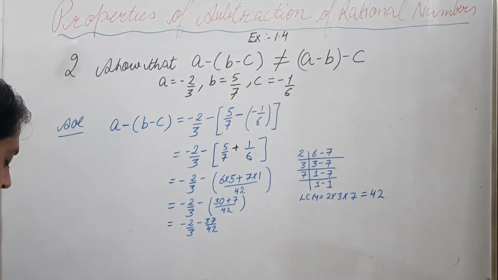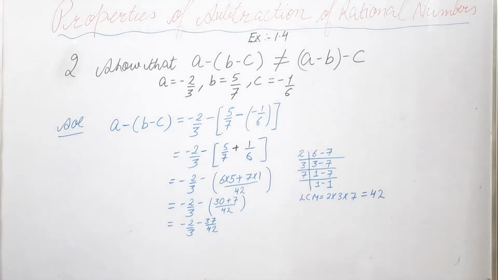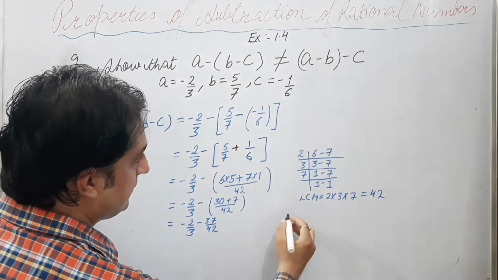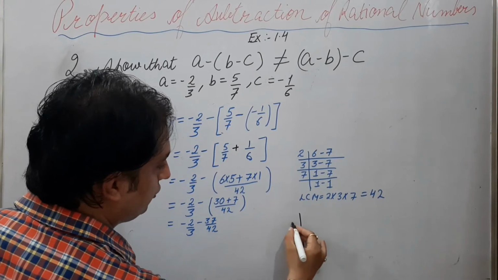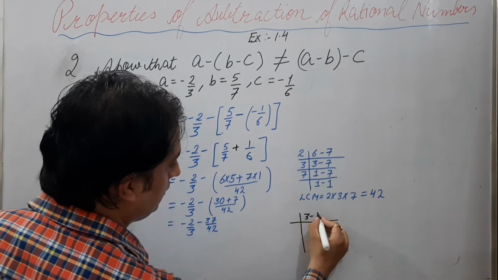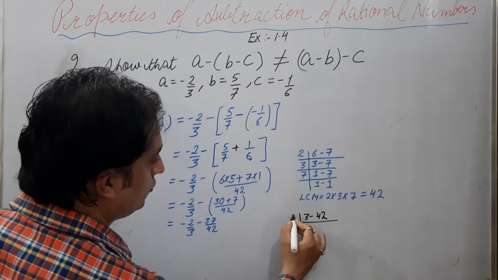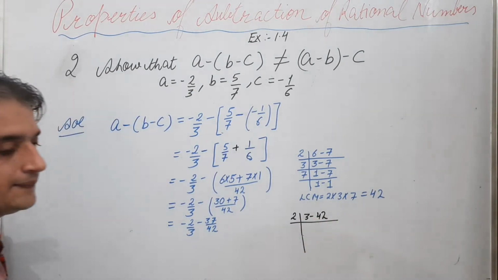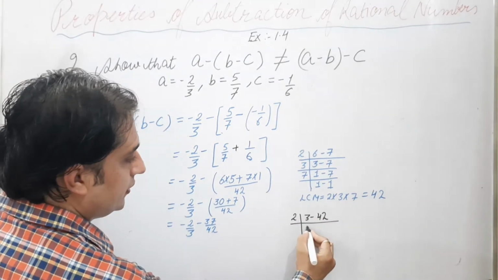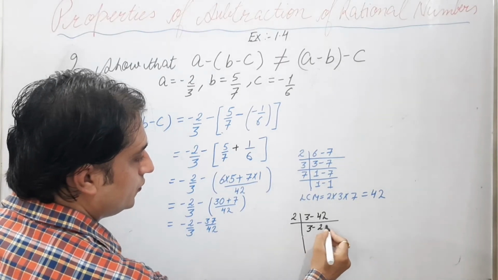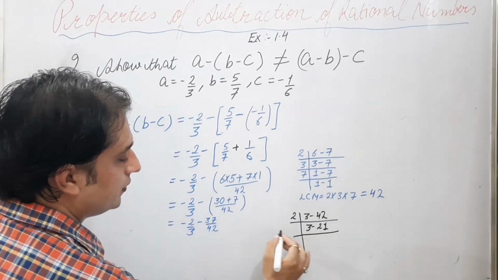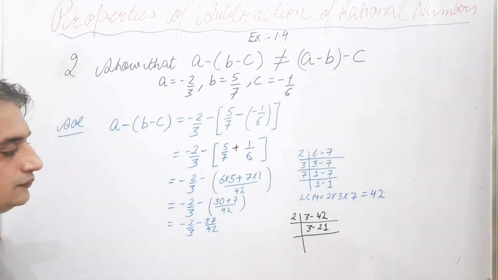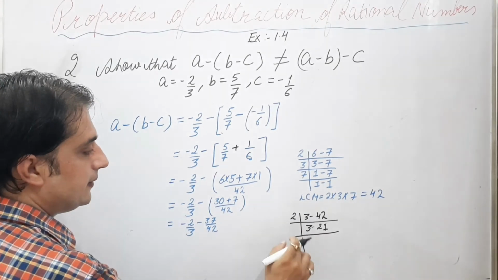Firstly, take the LCM again. Now again take LCM of 3 and 42. So start with 2 because 42 is an even number. 3 as it is. 2 21s are 42. Now both the numbers are divisible by 3.